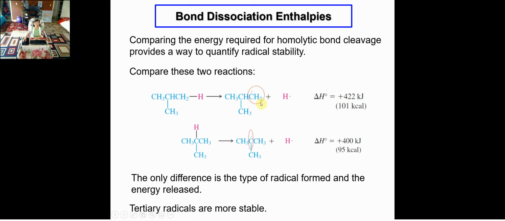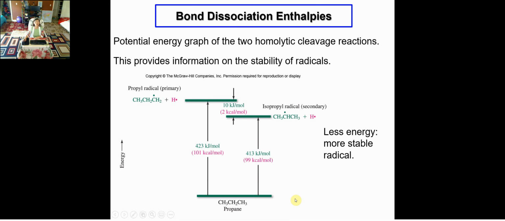So which one do you think is most stable? Based on this bond dissociation enthalpy, the one with smaller dissociation enthalpy usually is easier to be formed. Therefore, this tertiary radical is much more stabilized compared with the secondary or primary. Tertiary radical is more stable.